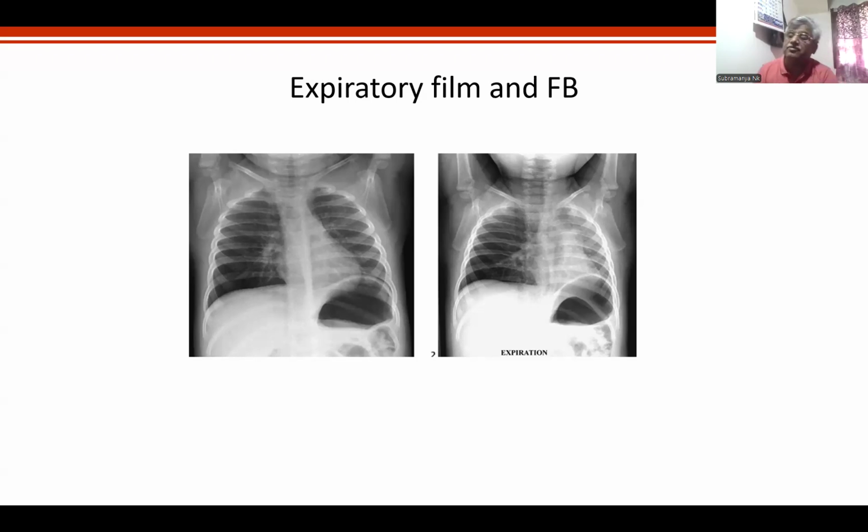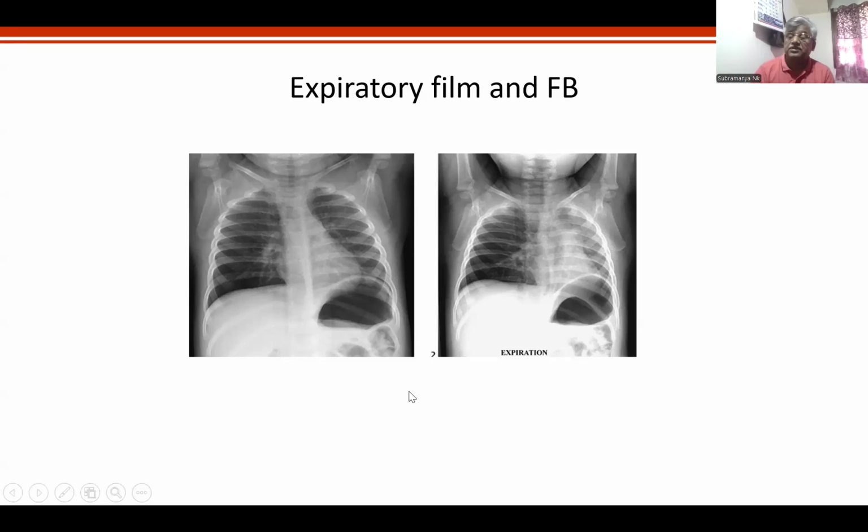Expiration is an advantage in a foreign body. That's because the air cannot go out because of ball valve mechanism. In inspiration, both the sides are expanded. But in expiration, the air goes out from the other side of the chest but doesn't go out from this side. This is a very good sign for foreign body. In fact, this is one of the confirmatory signs for foreign bodies on an X-ray or any intraluminal obstructions.